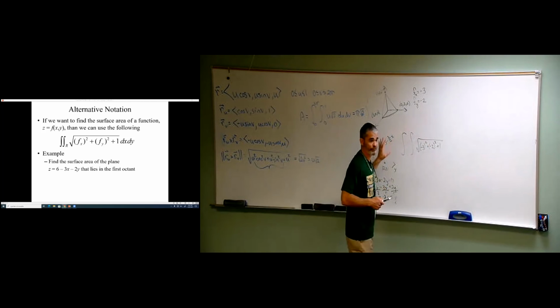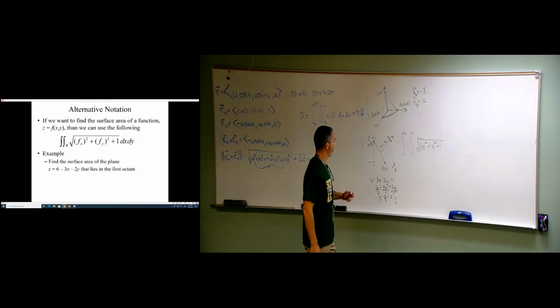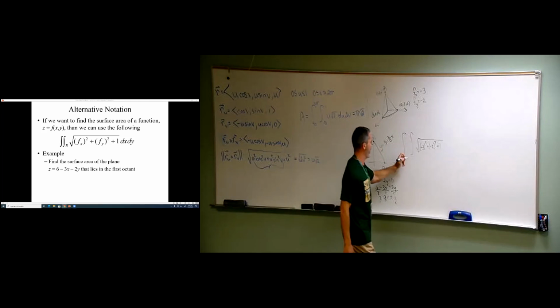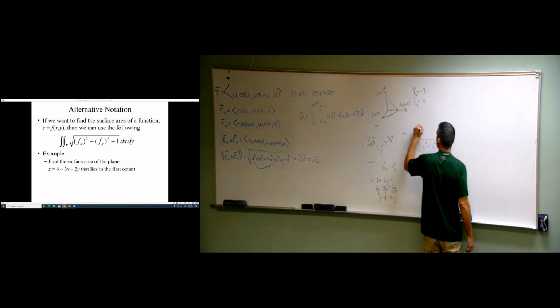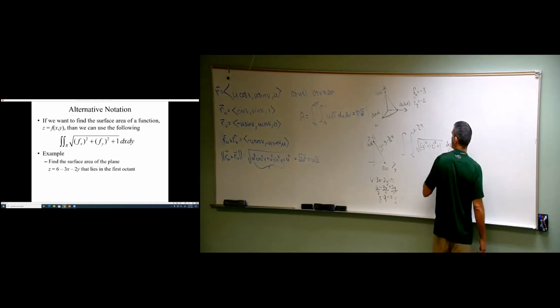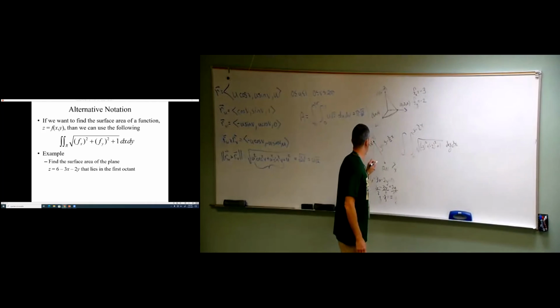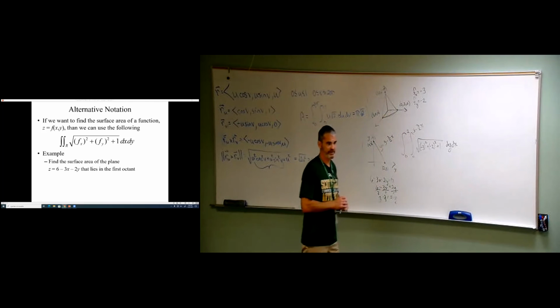But as far as finding the region, it's the exact same thing you were doing in double integrals. So I'll go 0 up to the line, so 0 up to 3 minus 3/2 x. So I'm doing y first. And x goes from 0 to 2. And that will give me the surface area that we're looking for.